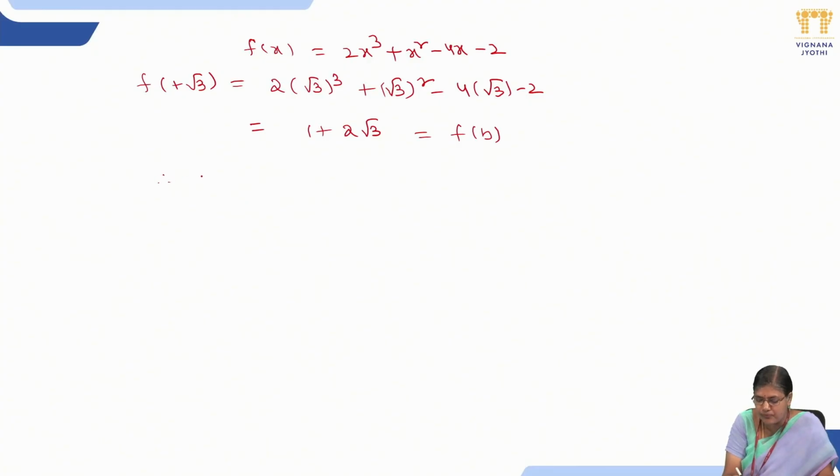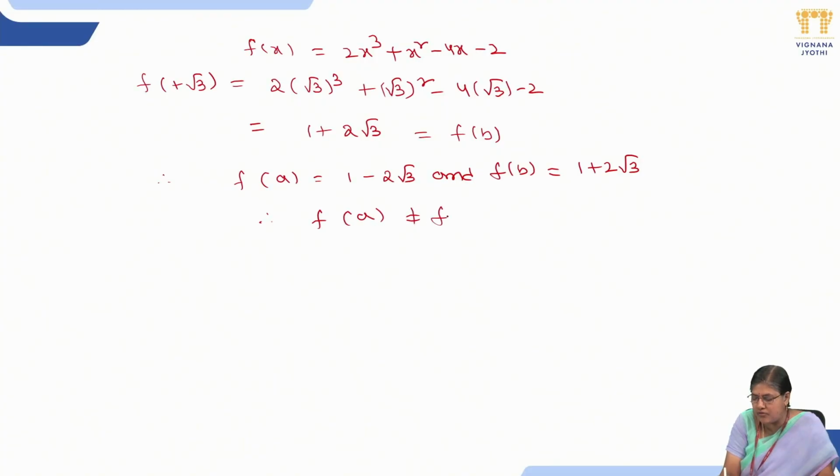So therefore here f of a is equal to 1 minus 2 root 3 and f of b is equal to 1 plus 2 root 3. Therefore, f of a value is not equal to f of b. Therefore, f of x does not satisfy the third condition of Rolle's theorem. For this function, f of x is equal to 2x cube plus x square minus 4x minus 2, the given function does not satisfy the third condition of Rolle's theorem.